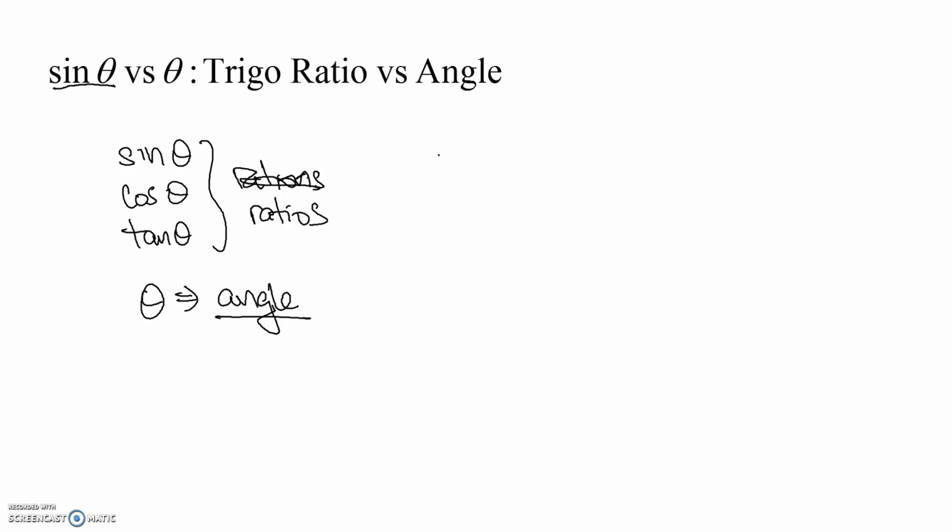So if given a triangle, and there's theta over here and it's the same dimensions, 3, 4, 5. If I ask you what is sine theta, I want you to express sine theta as a ratio, which is opposite over hypotenuse, which is 4 over 5.